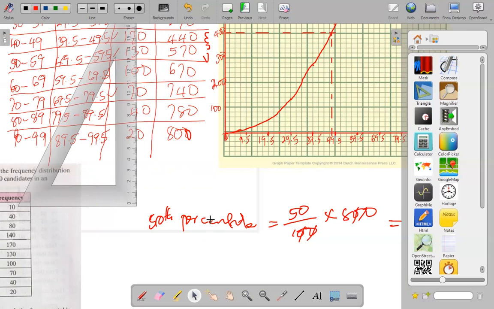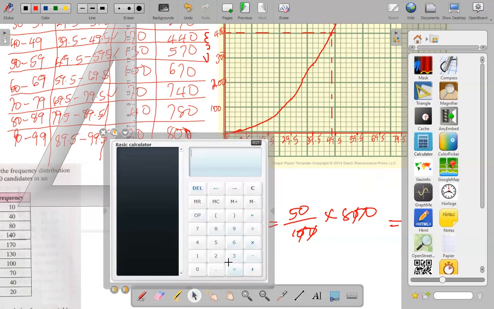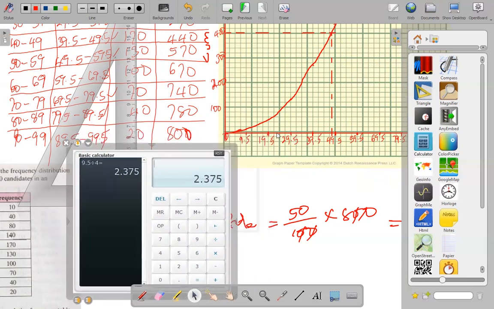Let's calculate it: 9.5 divided by 4 is 2.375. So each of these tiny boxes is 2.375.